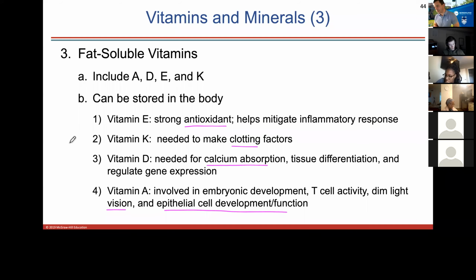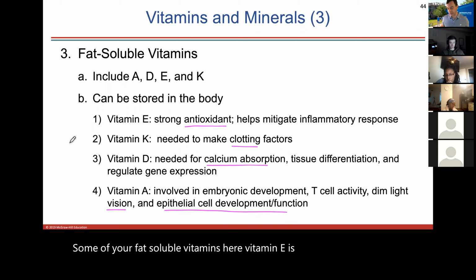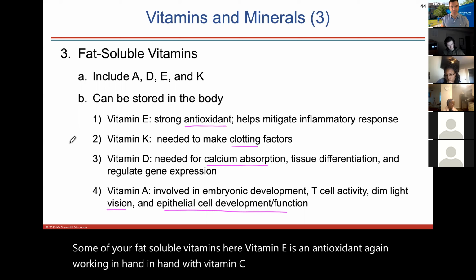Some of your fat-soluble vitamins here, vitamin E is an antioxidant, again, working in hand with vitamin C. It actually spares vitamin C.